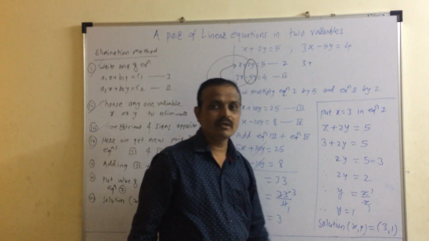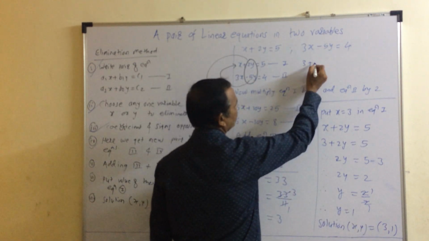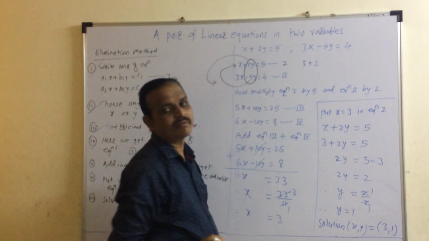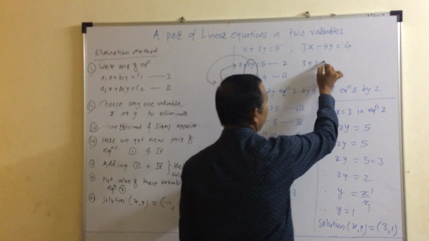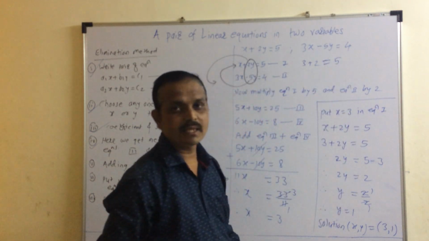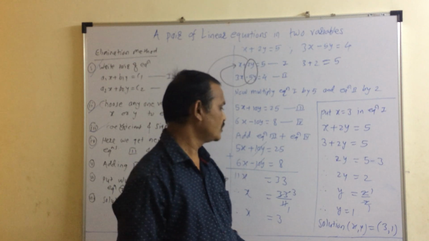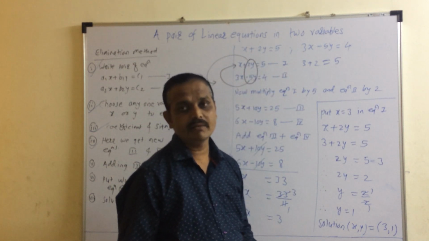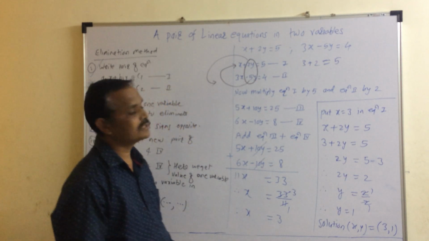The value of y is 1, 2 times 1, that means we get 2. 3 plus 2, we get 5. So this solution is correct. It is the exact solution for the given simultaneous linear equations in two variables.